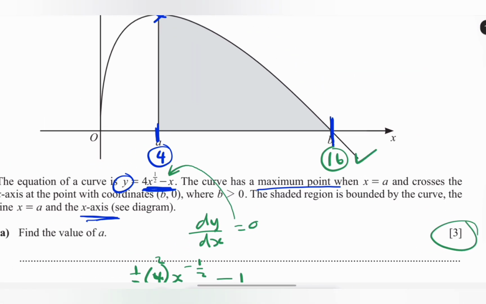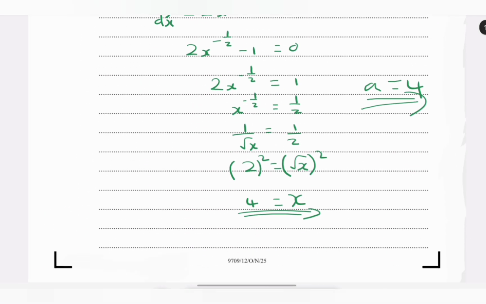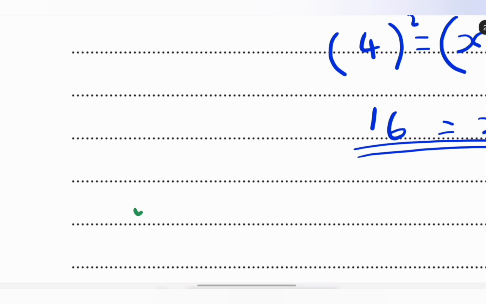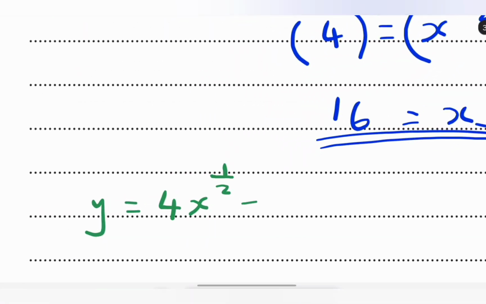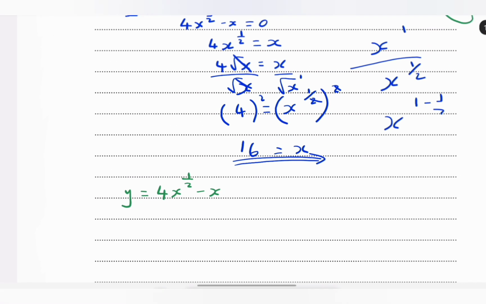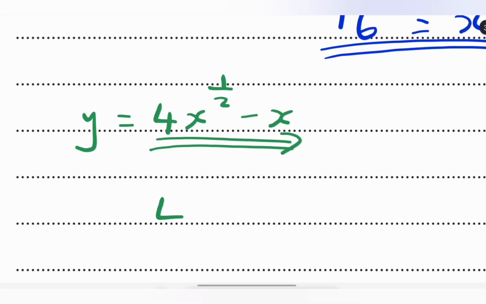And we're going to use 16 and 4 as our limits while we integrate the curve to get the area under the curve with those limits. So we have y is equal to 4x to the power half minus x, like this, and integrating this part, we get 4x to the power half plus 1, that's 1 and a half, which is 3 over 2.